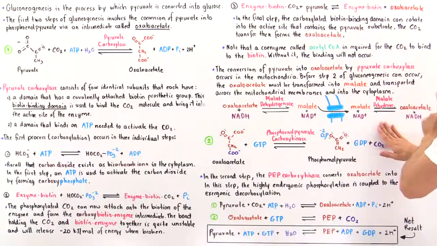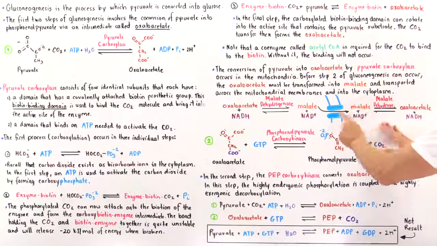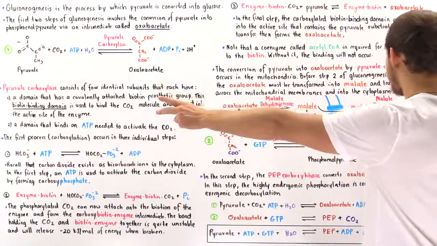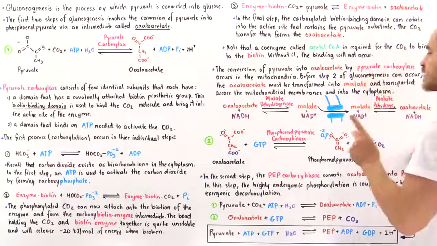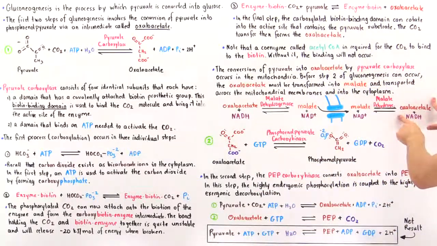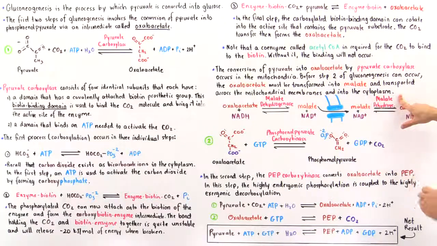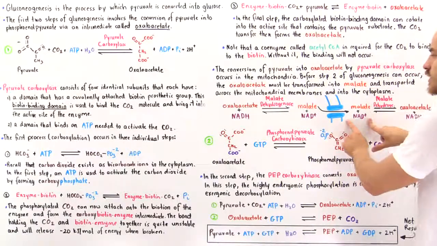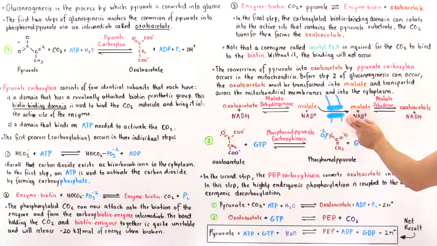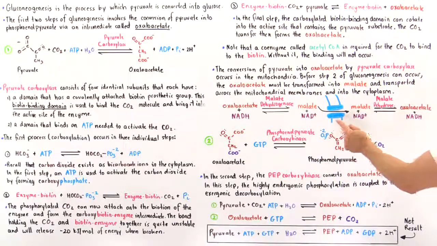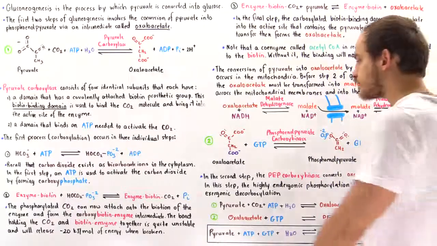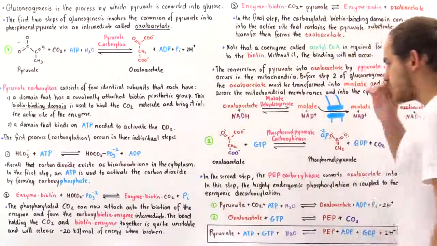And once it enters the cytoplasm, before it can react in step 2 of gluconeogenesis, that malate has to be transformed back into oxaloacetate by using that same enzyme, malate dehydrogenase. But now, instead of using NADH, we're using NAD+ because we want to oxidize the malate back into oxaloacetate, producing that reduced version of the NAD molecule. So let's take a look at step 2.